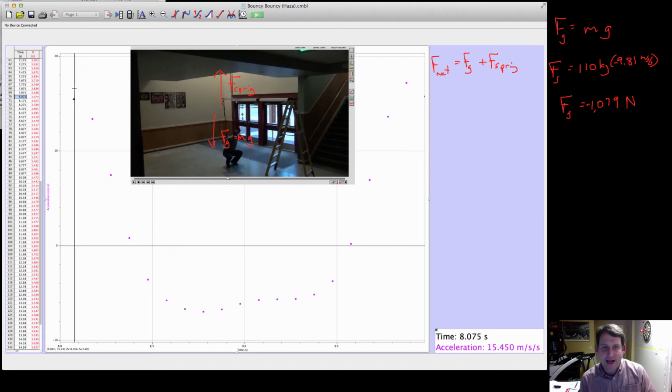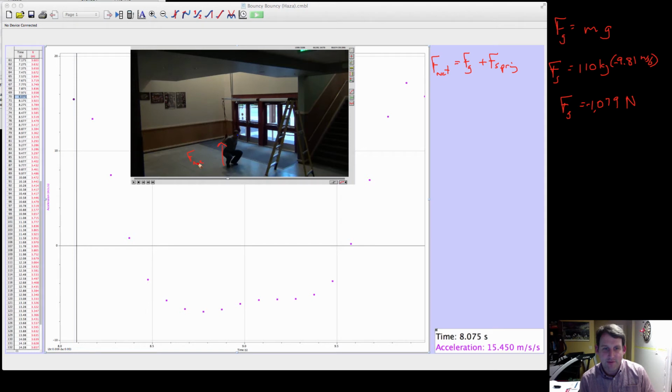Now this one we can't actually calculate the spring force on, because the spring's not the only thing pulling me up, it's also my feet pulling me up, right? So in this case, the net force would be, let's draw it real fast. It would be the force of me pushing up, right?